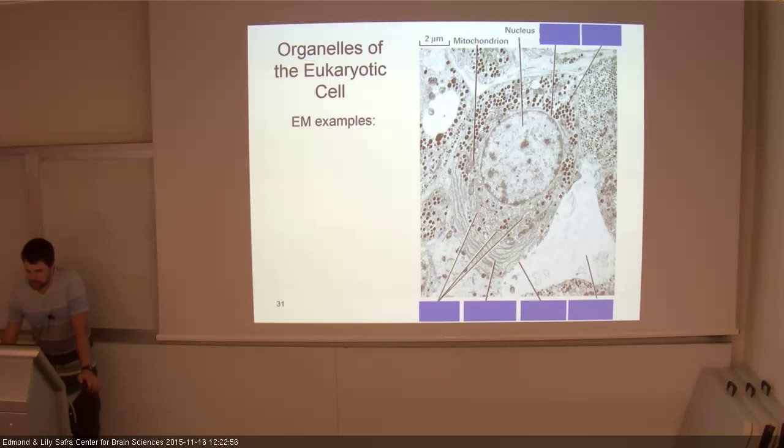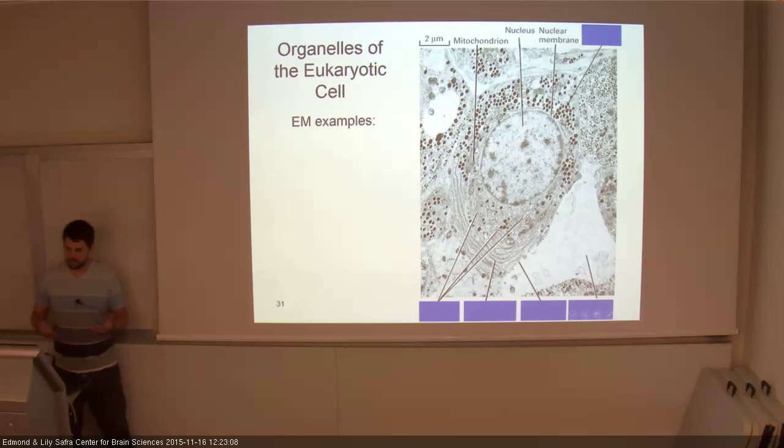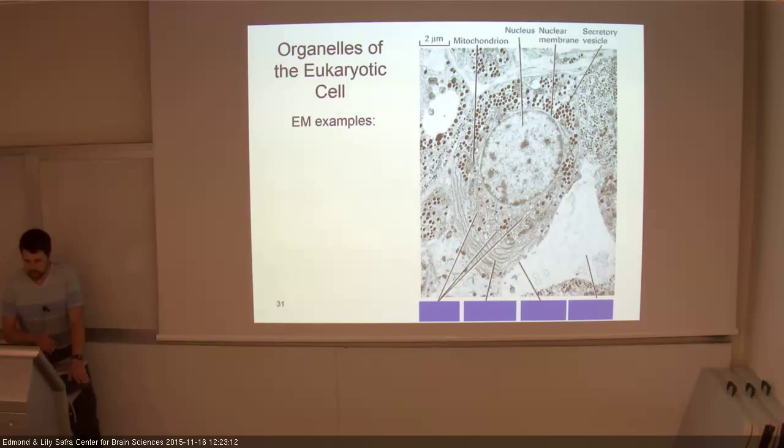What is this here? Right, it's the nuclear membrane. These I don't expect you to know, but these are actually vesicles that are to be secreted from the cell. It depends on the composition and on how they did the staining.